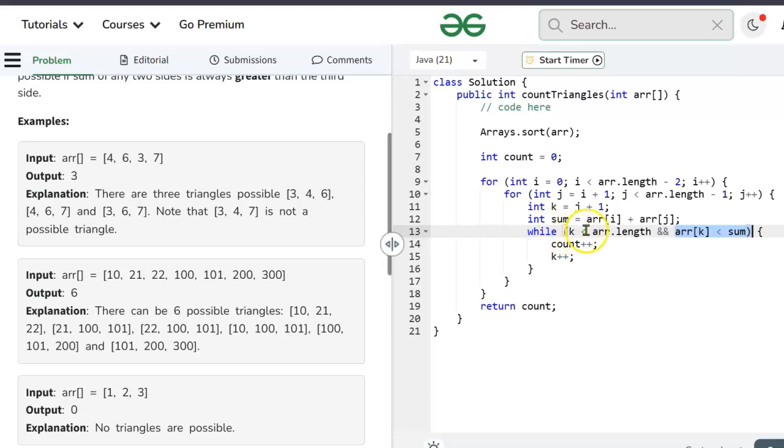So we can try that. We'll run a nested loop to get the first two numbers, and then for the third number we'll just go until we get to a number that is greater than or equal to sum, and then stop. As long as it's less than sum, we have a triangle, so we can count it. We can increment k, go on to the next one.